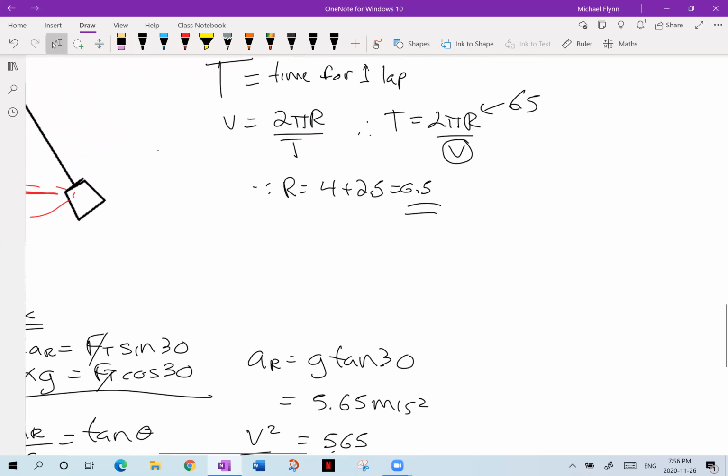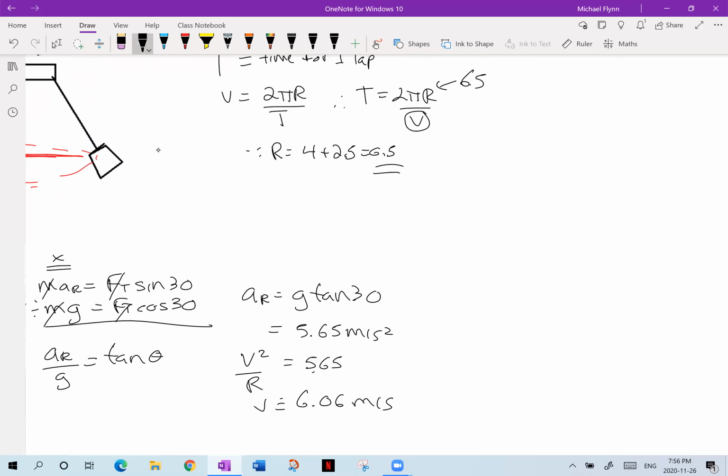Now we go up to our period here. So therefore, our period is equal to 2 pi r over speed. So that's 2 times pi times 6.5 divided by 6.06. All right, so let's do that.